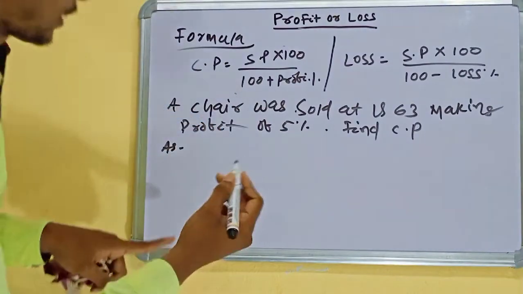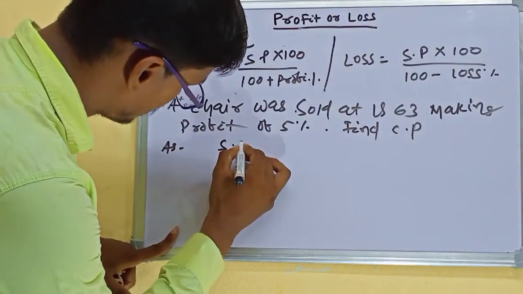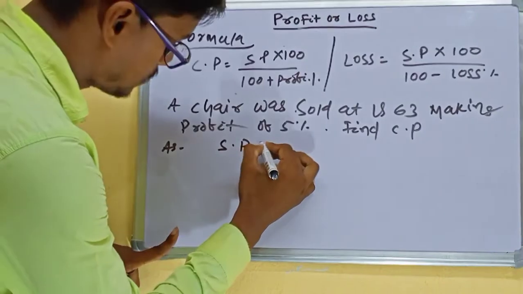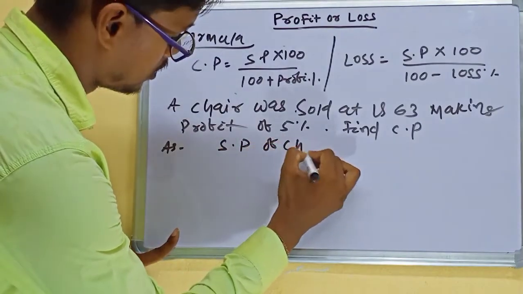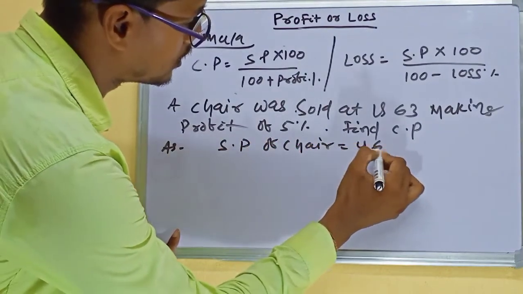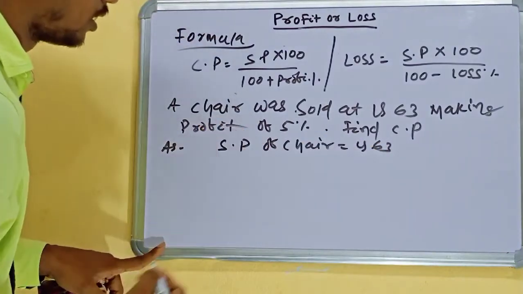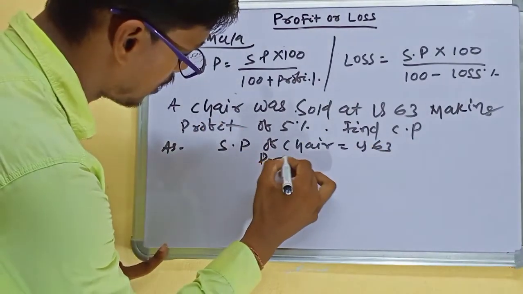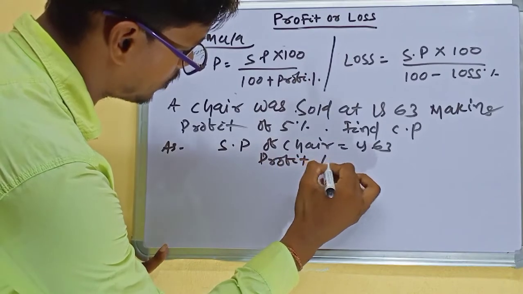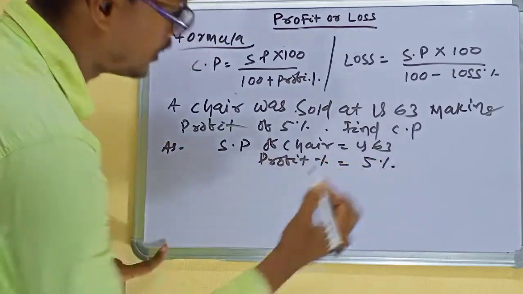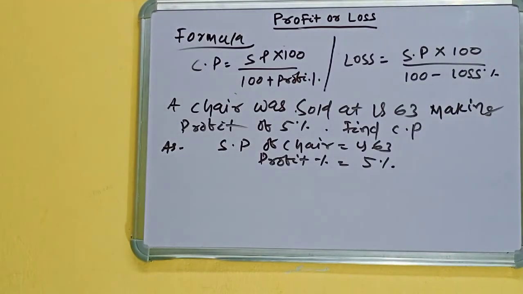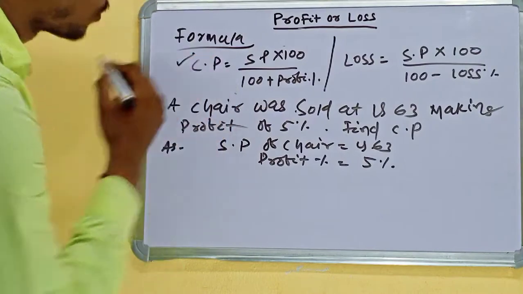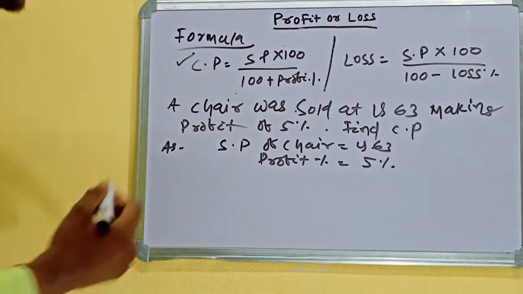Answer. First of all, the SP of the chair is equal to rupees 63 and the profit percentage is equal to 5%. Now here SP and profit percentage are given, so we put this formula to find out the CP.